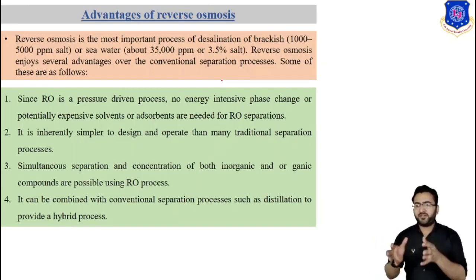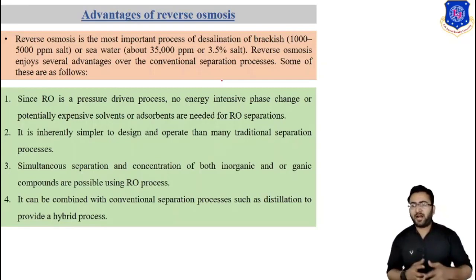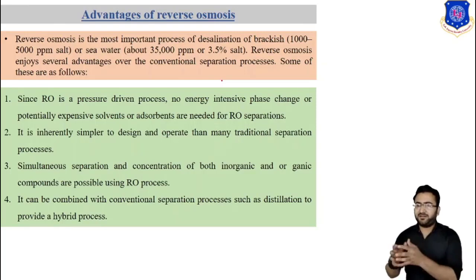The third advantage is that simultaneous separation and concentration of both inorganic and organic compounds are possible using this process. The fourth advantage is that it can be combined with conventional separation processes such as distillation to provide a hybrid process.